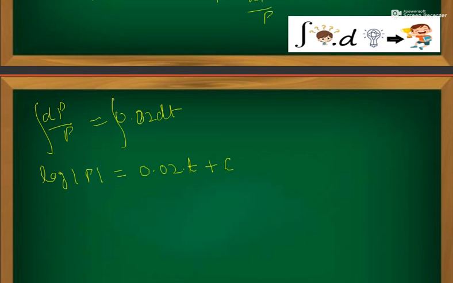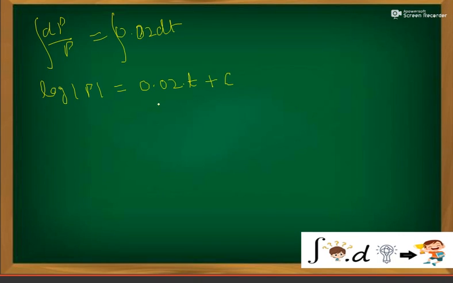I hope you understand this. Now it is given that when t is equal to 0 initially, the population P is equal to P naught. Say this is equation number 1.